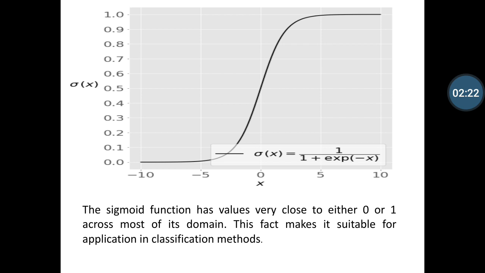Here x ranges over minus 10, minus 5, 0, 5, then 10, and the y-axis, sigma of x, goes from 0.0 to 1.0. The sigmoid function has values very close to either 0 or 1 across most of its domain. This fact makes it suitable for application in classification methods.